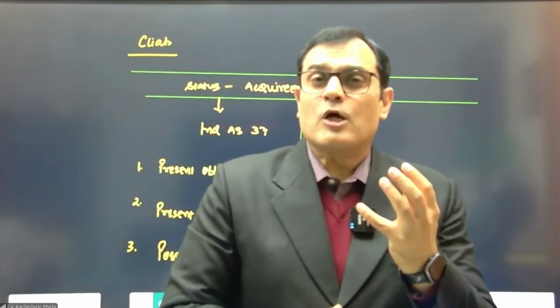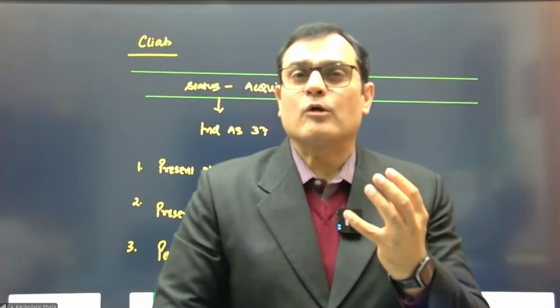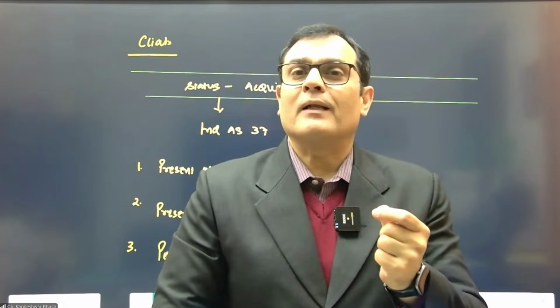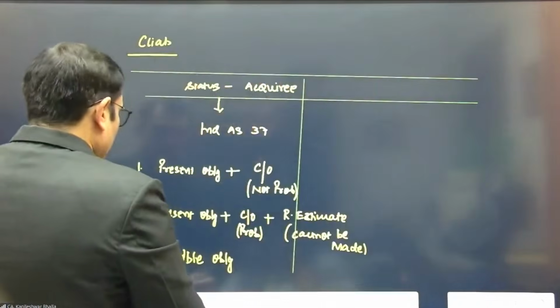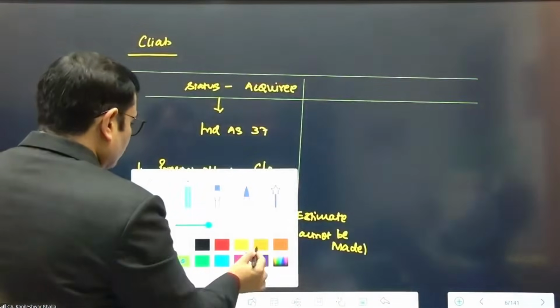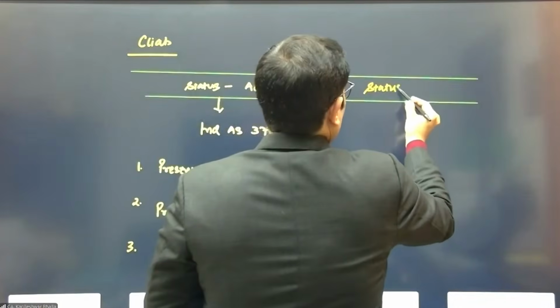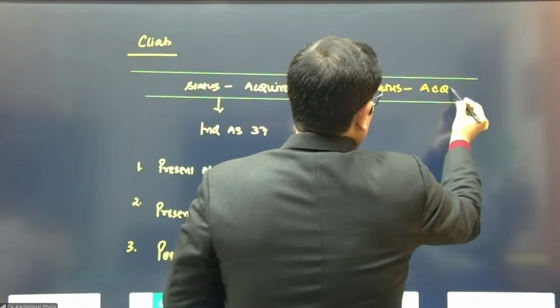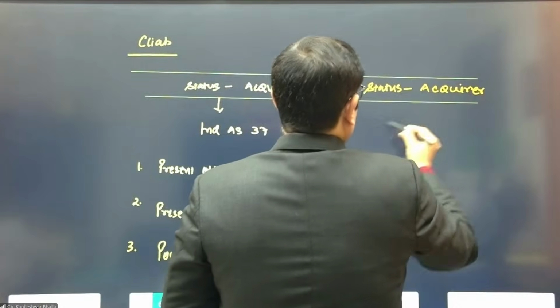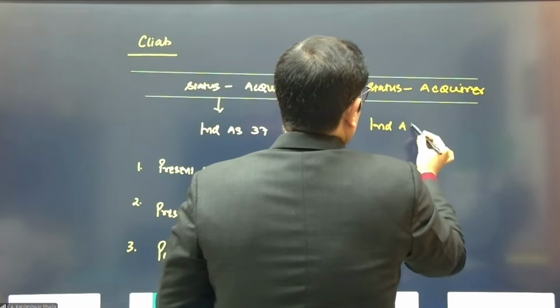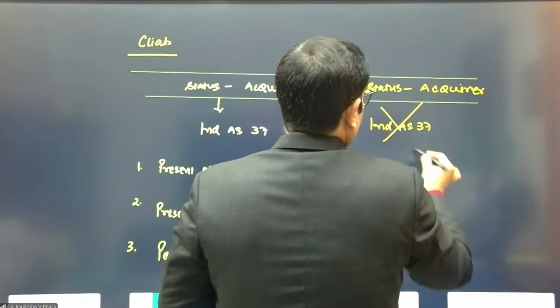Now, when the acquirer acquires the acquiree, he will not apply Ind AS 37. When you look at the status from the point of view of the acquirer, he is not supposed to apply Ind AS 37.